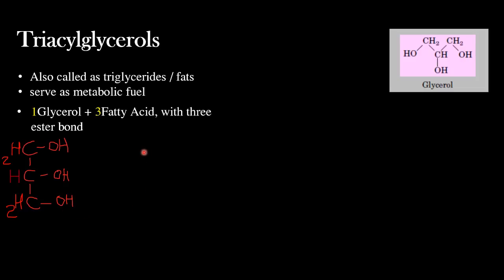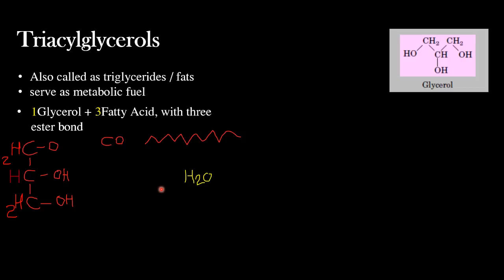And about fatty acid, we already learned the structure of a fatty acid, right? A fatty acid has a carboxyl group and a hydrocarbon chain. Now one fatty acid will form an ester bond with the first carbon of the glycerol. For that, the H from the first carbon and the OH from the carboxyl group will react and be released as water.